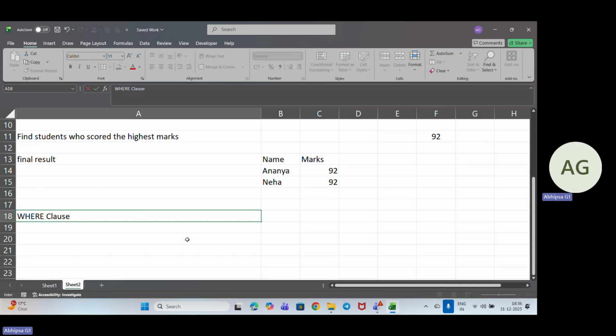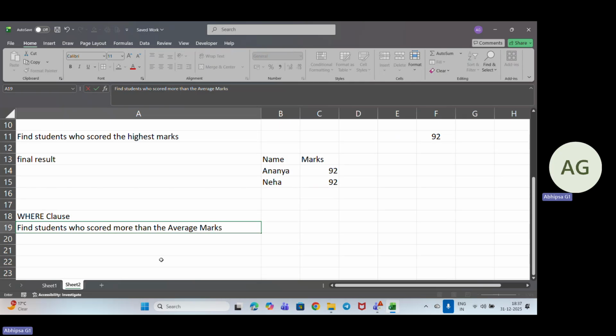Suppose I want to find the student who scored more than the average mark. So my query is: find students who scored more than the average marks.